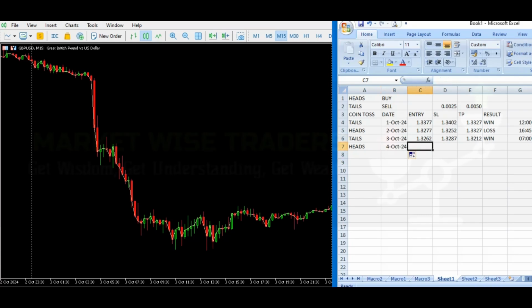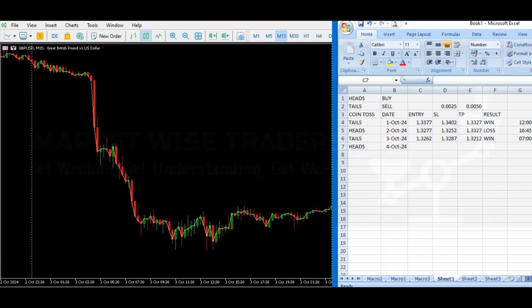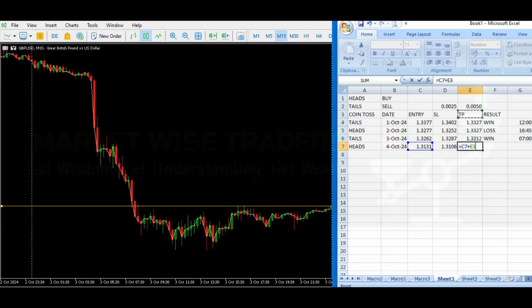Okay, so let me put my line. Buy here. What is the price? 131.31. So if I'm buying, my stop loss is below, my take profit is above.